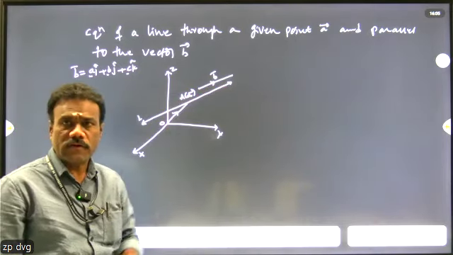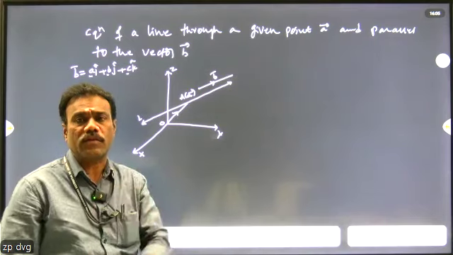Yesterday we discussed that if two lines are parallel, their direction ratios are proportional.